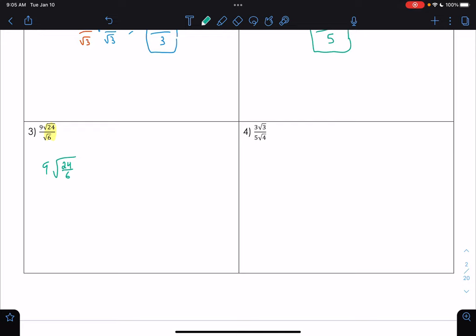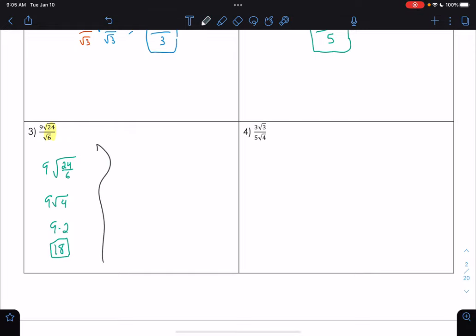Instead of both the numerator and the denominator having a radical, we can put that quotient, 24 over 6, inside a radical. And we know 24 divided by 6 is 4, and we know square root of 4 is 2. So we're going to get an answer of 18. So that's one way to do it without needing to rationalize.